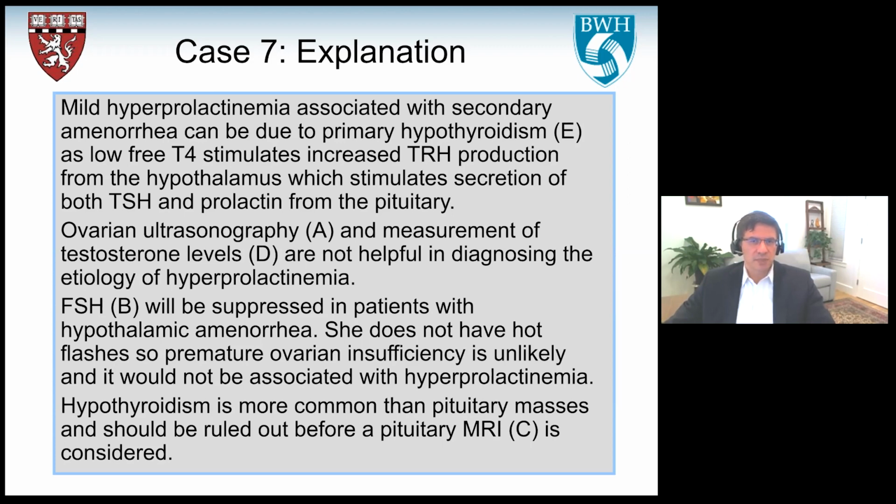FSH will be suppressed in patients with hypothalamic amenorrhea. She does not have hot flashes, so premature ovarian insufficiency is unlikely, and it would not be associated with hyperprolactinemia. Hypothyroidism is more common than pituitary masses and should be ruled out before a pituitary MRI is considered.